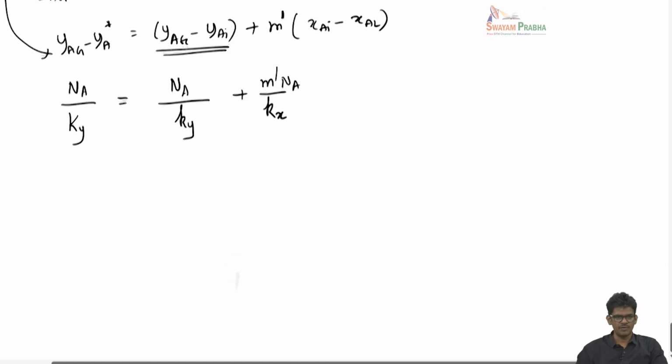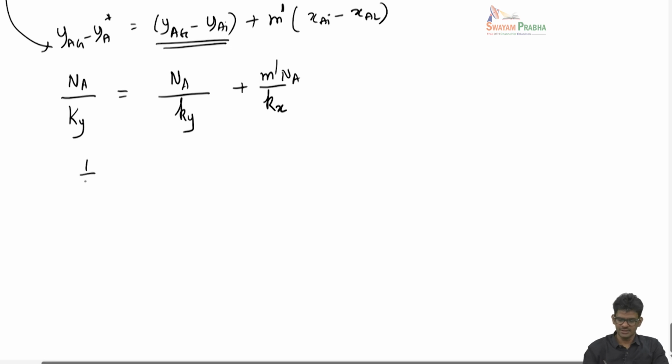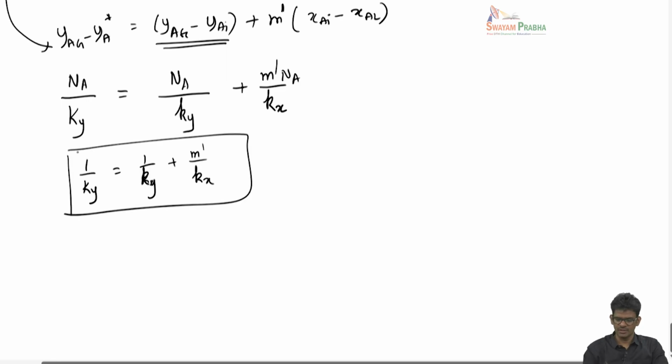So now NA is common for all, so we can cancel this. So you will get 1 by Ky is equal to 1 by small ky plus m prime by kx. So this is the definition of the overall MTC Ky.